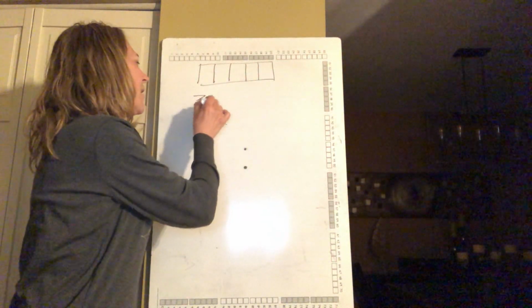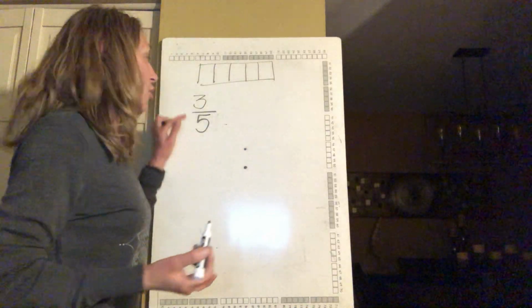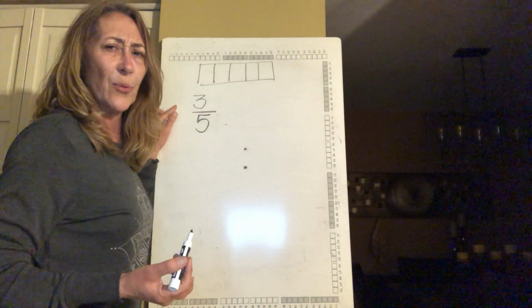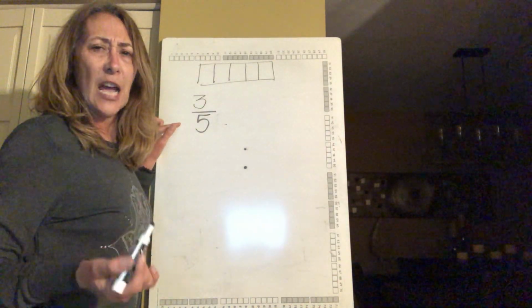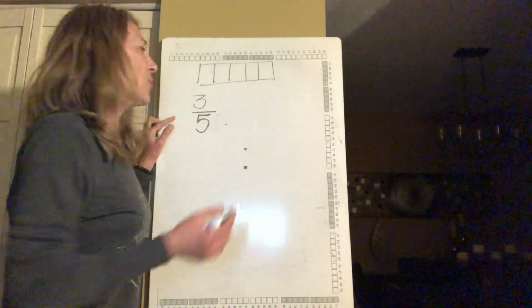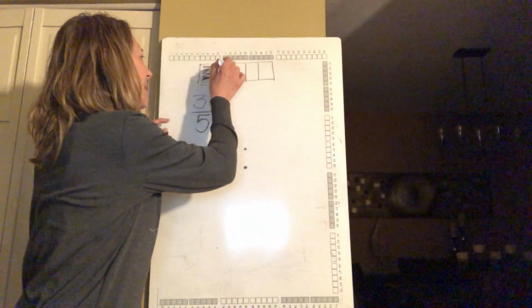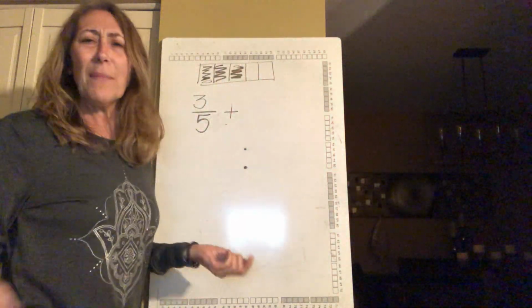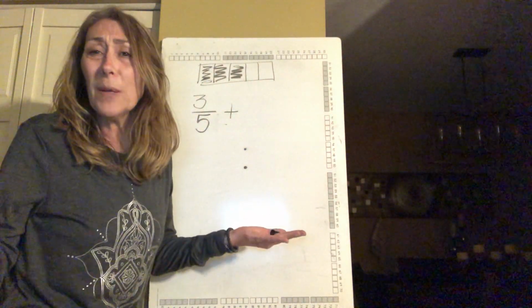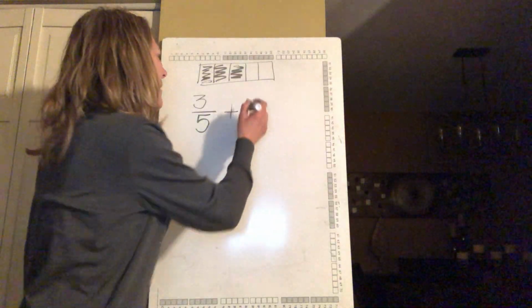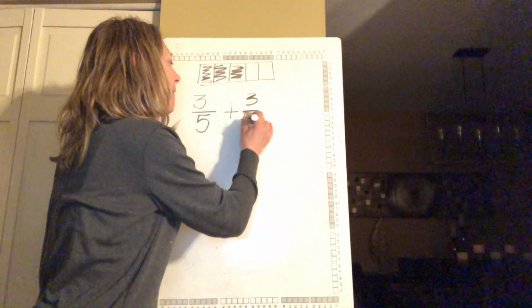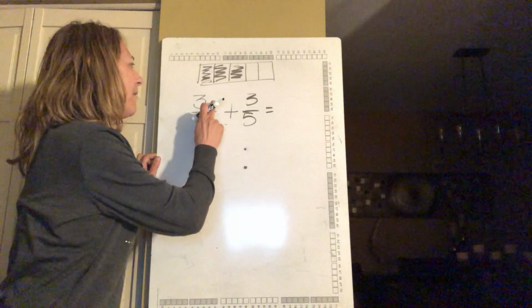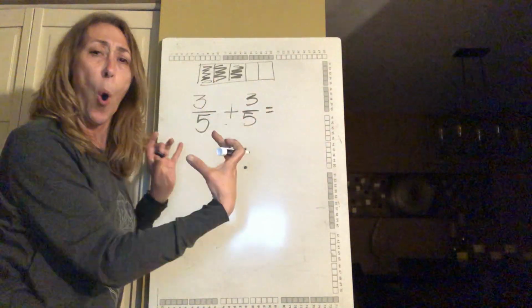So I'm going to say 3/5, numerator 3, I'm referencing 3. Bottom number, denominator is 5. So I want 3 of those 5 pieces. Plus, I'm going to add another 3 pieces out of the 5, plus 3/5.